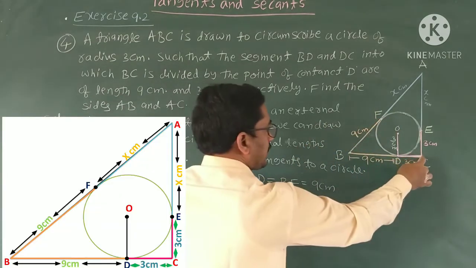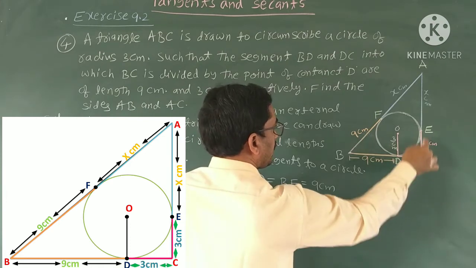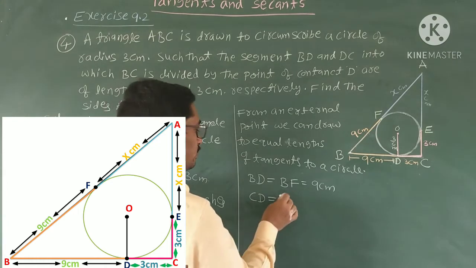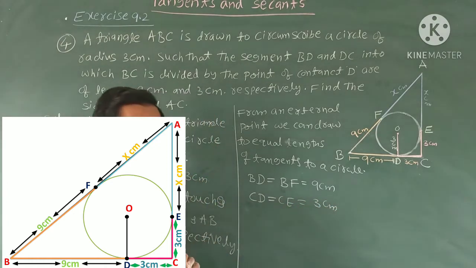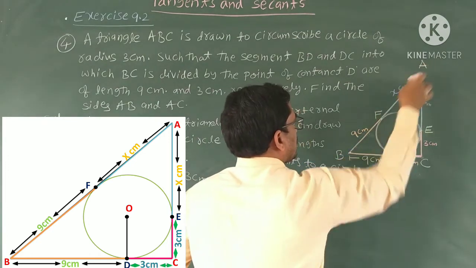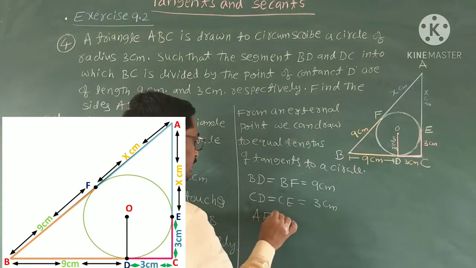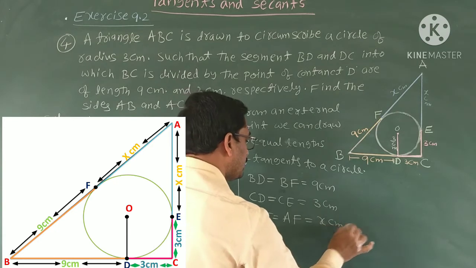Similarly, C is an external point. We can draw two equal tangents, CD and CE. Both are the same: CD equals CE equals 3 centimeters. And also A is an external point. We can draw two tangents, AF and AE. Both are equal, so AE equals AF equals say some x centimeters.